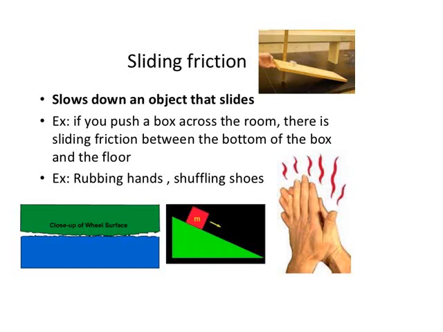It can be extended to examples like rubbing of hands. When we rub our hands, we execute sliding friction, and the movement of our hands slows down during the process of rubbing. So these are the effects of sliding friction.